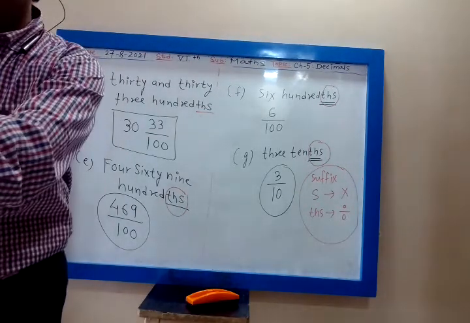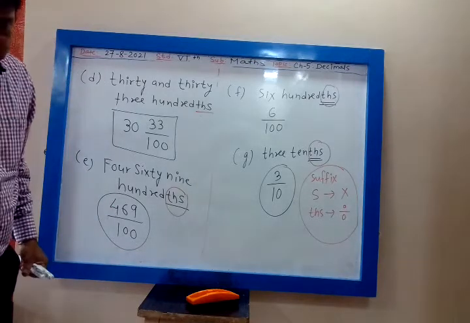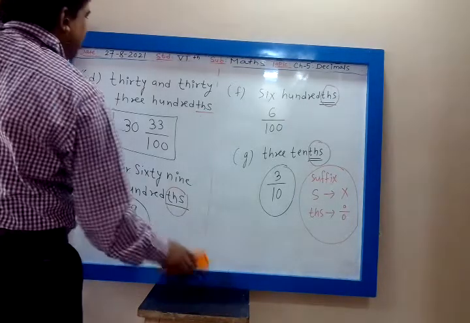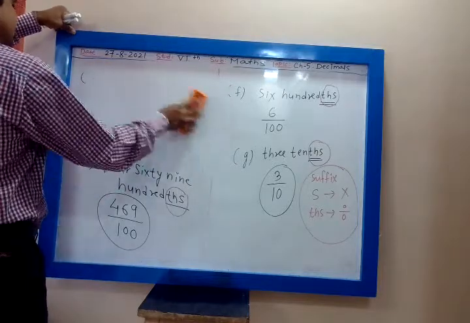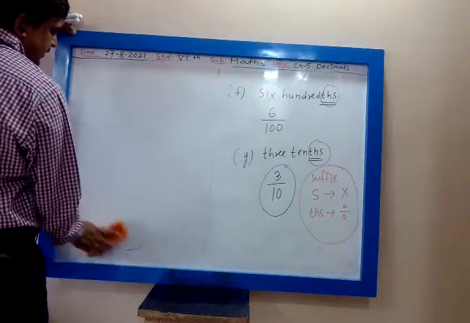Chalo, okay. Now third one. Write each of the following as decimal. Now this is the important part of decimal.